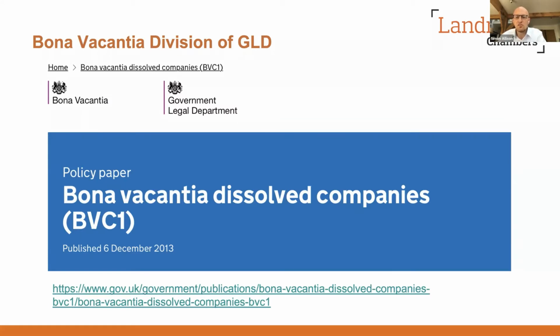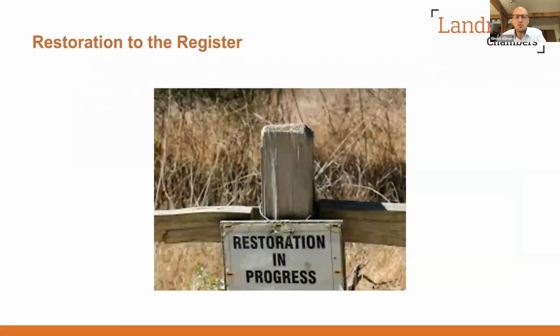So for all those reasons, you'll often find that the Bona Vacantia process isn't terribly helpful to your situation, but nonetheless, that's where the land immediately goes. So that, of course, takes us on to restoration. Now, the starting point, of course, is that it's the responsibility of directors and shareholders to deal with the property and the assets of the company before it's dissolved.